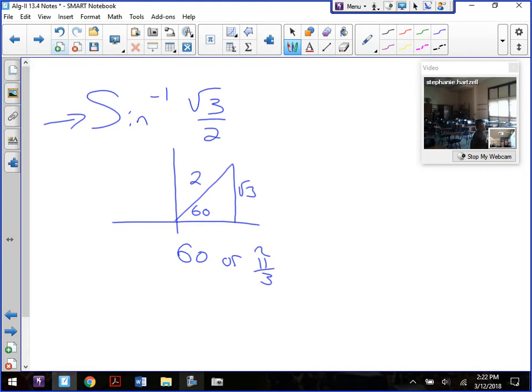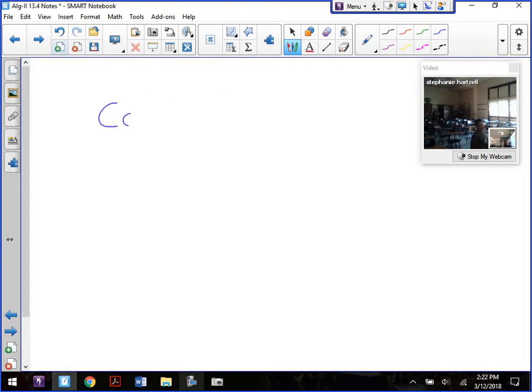Let's try another one. What angle has a cosine of 2? Does cosine ever get larger than 1?